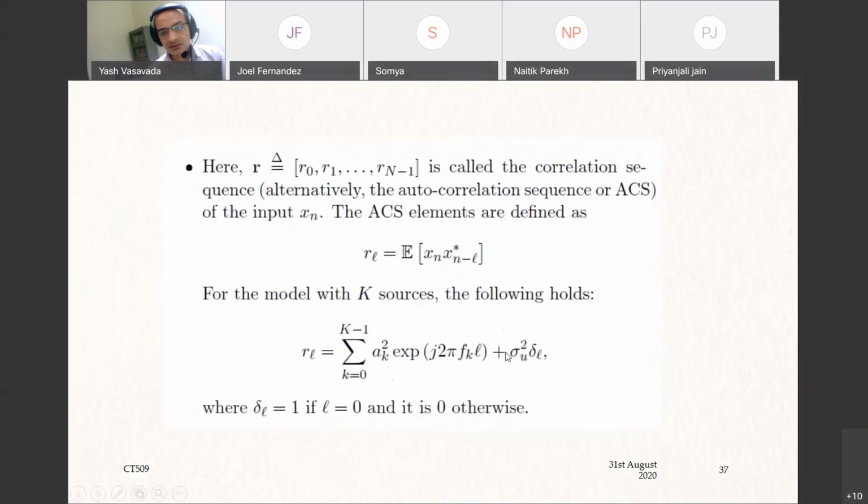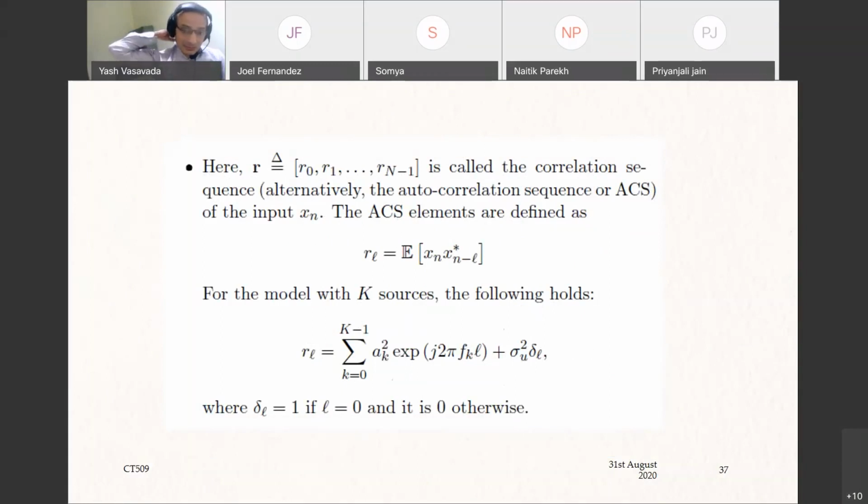And so that is why we are saying that this sigma_u squared adds only to R0 by means of this delta L. So this term is just an add-on term that comes because of the noise, and it comes because the noise is considered to be IID random. It's a white noise.